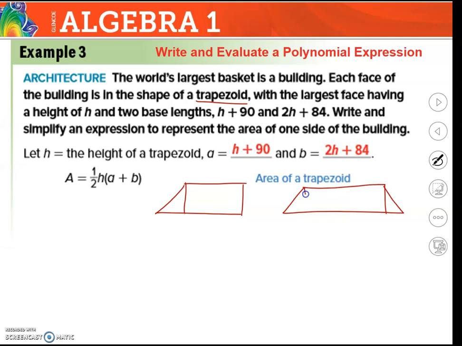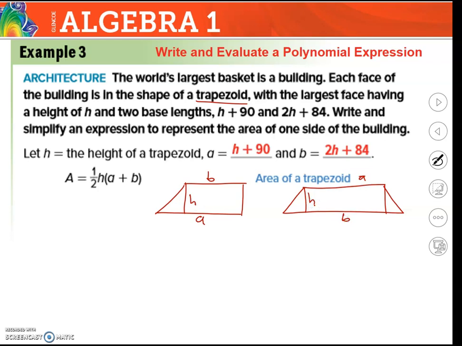of a rectangle. Good. And the longest side can be A and the shorter side can be B, or in another way, we have the height, and this side could also be A, B, and we have the height.